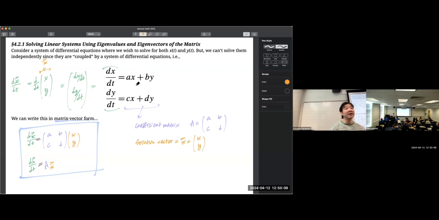You can't have x be e to the 2t and y be e to the 3t. Let's say x is equal to e to the 2t; you need y to also be e to the 2t. The derivative of x, with x being e to the 2t, will also pop out an e to the 2t. So that's the idea.